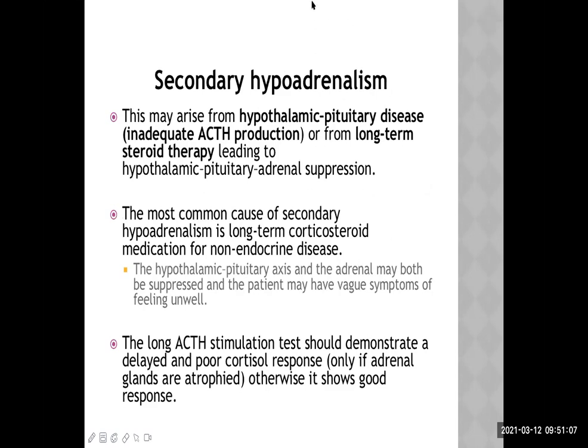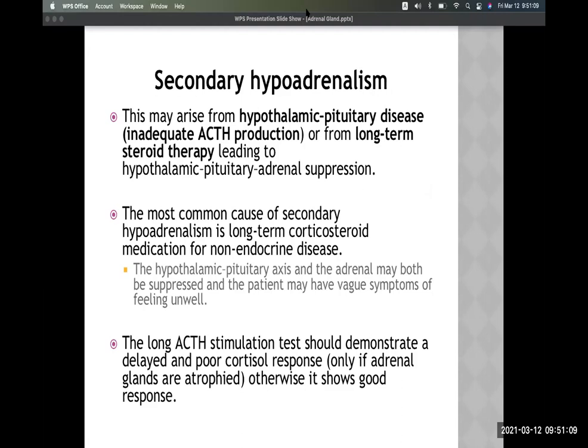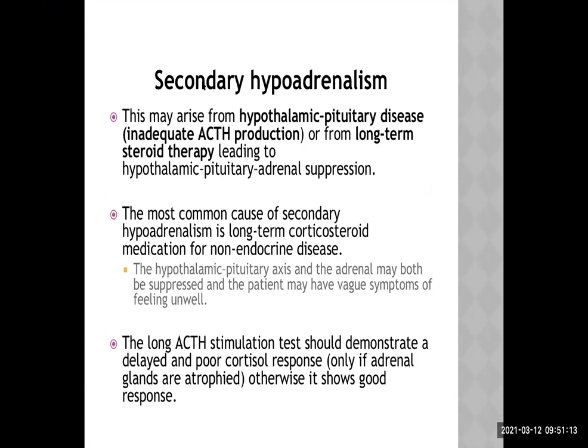Now, there is a small topic before we go into Cushing syndrome. Okay, there is a small topic which is known as secondary hypoadrenalism. Remember, this is not known as Addison's disease. Okay, it manifests almost similar to Addison's disease, but it is not called Addison's disease because Addison's disease means primary hypoadrenalism.